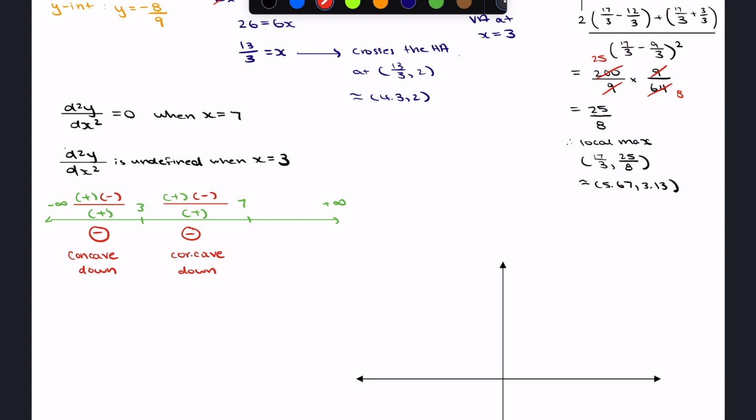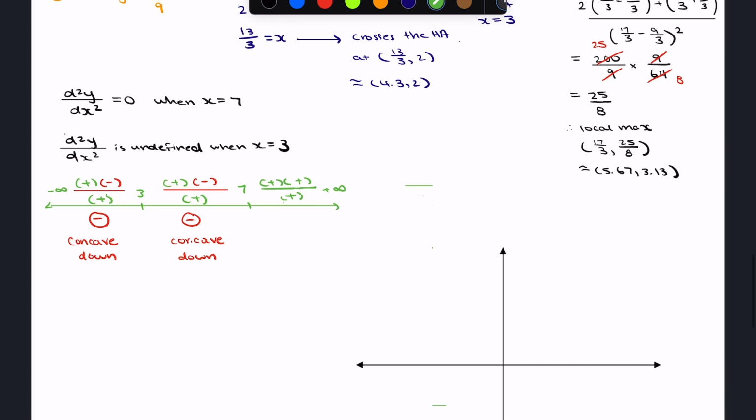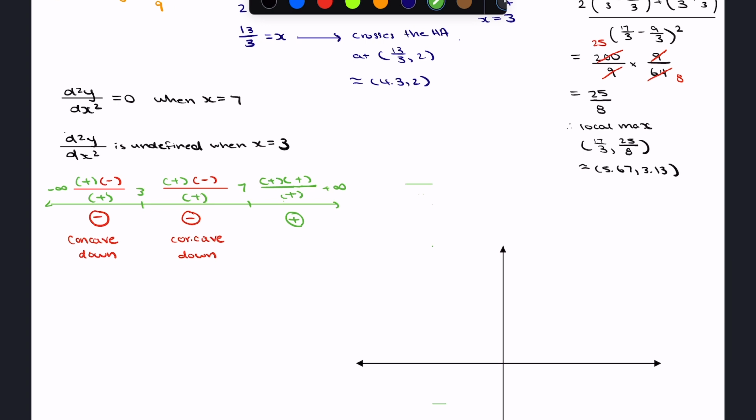And then the last value that's greater than 7, so 8, for example. 12 is still positive. Here, 8 minus 7 is positive. And then here, 8 minus 3 will be positive. So here, this is positive, which indicates that it's concave up.